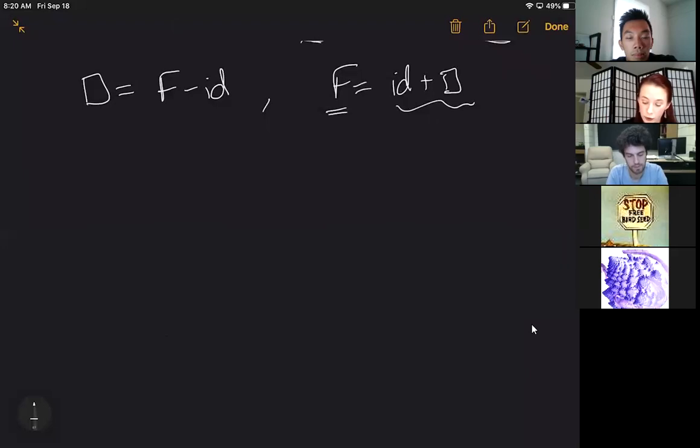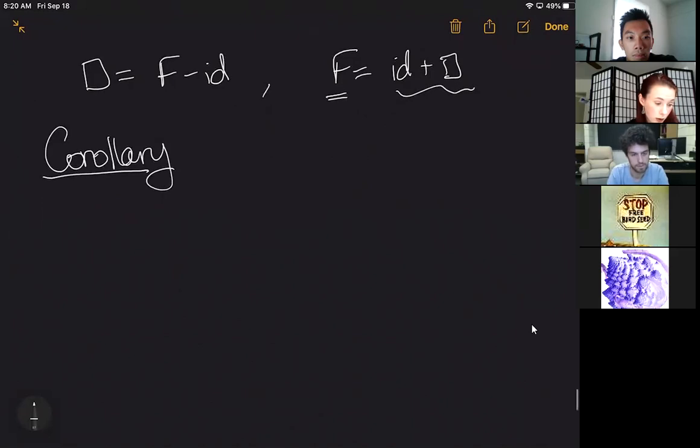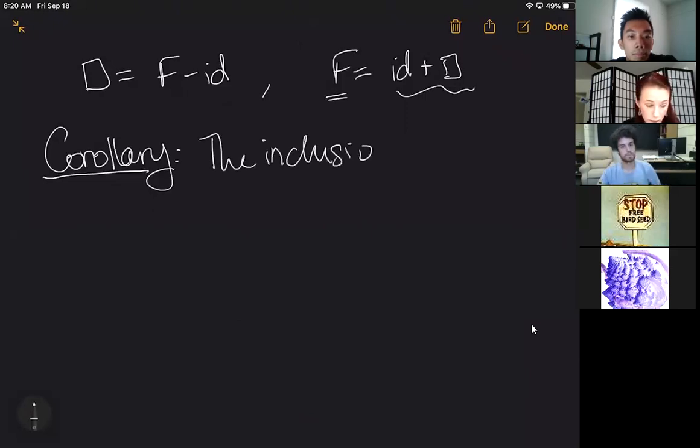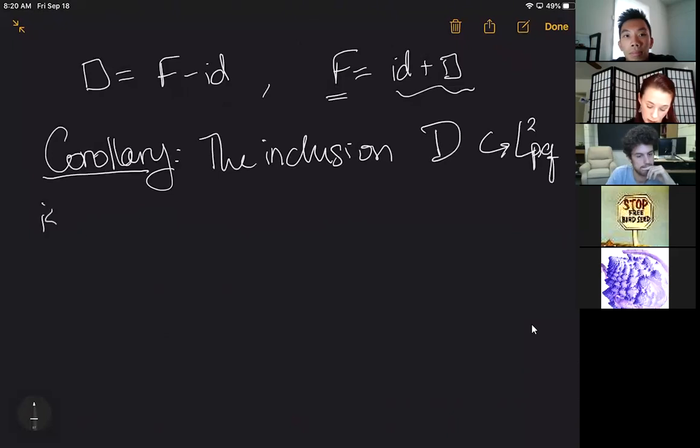Okay. So what follows is a statement about the domain of our F operator. This is a corollary to Gårding's inequality. So we have that the inclusion of D, which is our domain of F, into L2 is a compact operator.